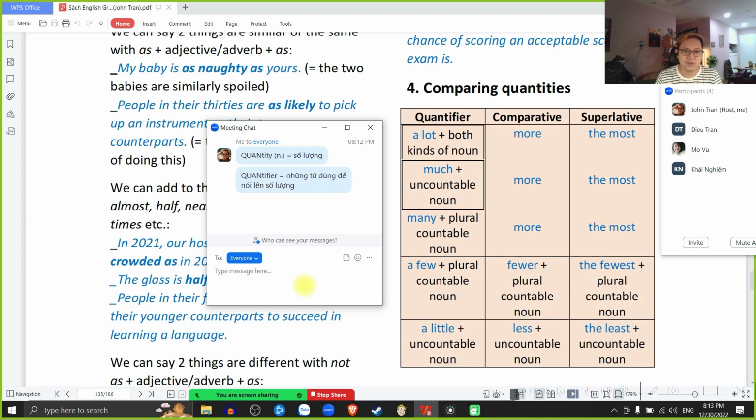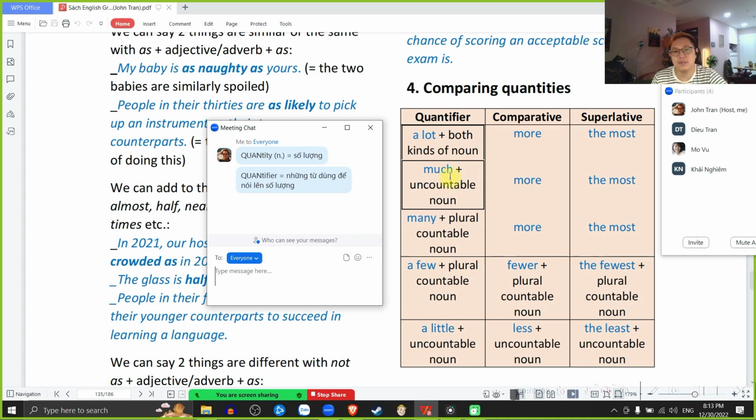Những từ nói về số lượng, like for example, a lot, much, many, a few, a little. So of course, much and many means a lot, but a lot you can use with both kinds of nouns, compare uncountable and countable nouns. Cái chữ a lot này được dùng cho cả hai loại danh từ đếm được không đếm được luôn.